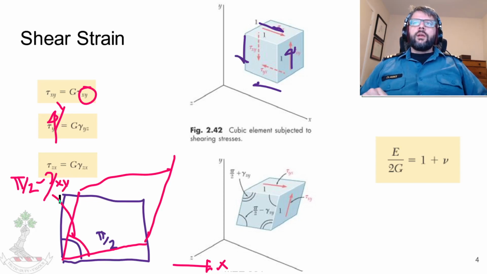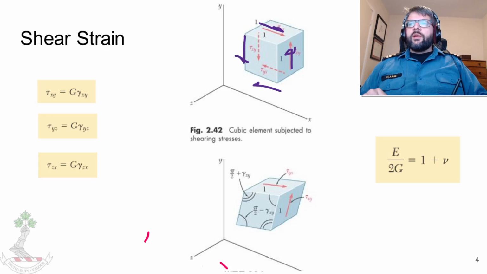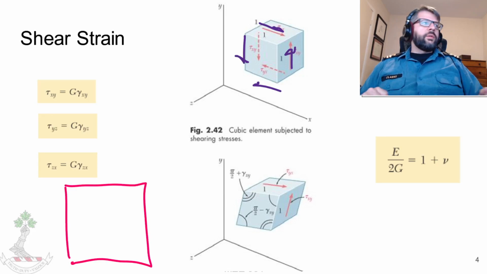Now again, the definition is such that that is going to be positive when, so we're starting out with a cube here, this is going to be positive if these angles here get smaller and these angles here get bigger.